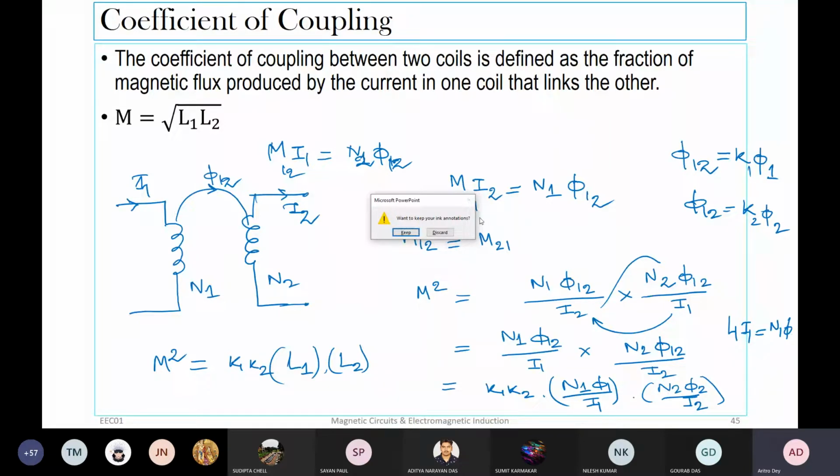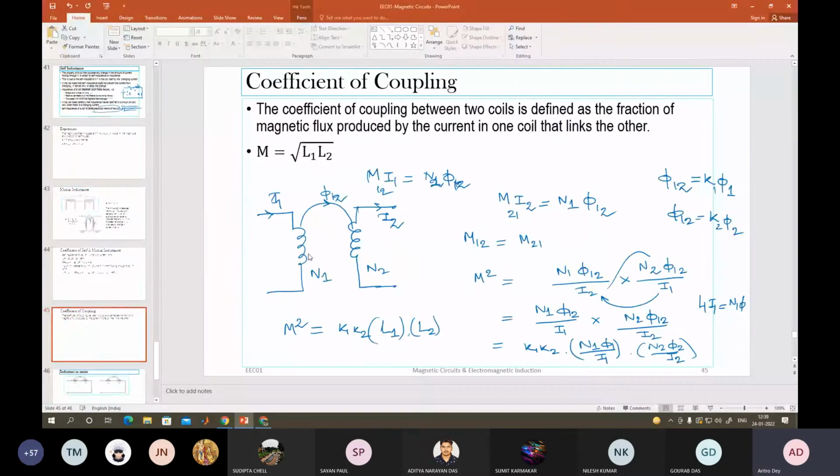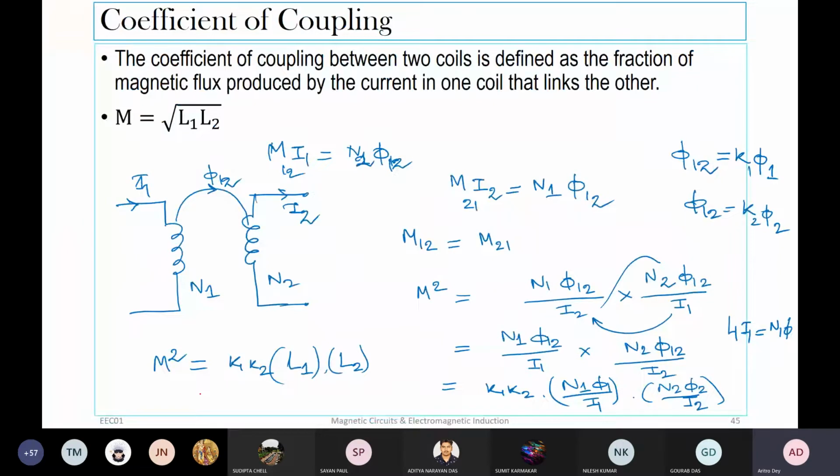So here we can show that if you take the square root, your M will be equal to root over K1, K2 into L1, L2.